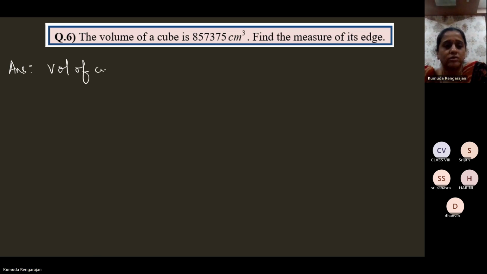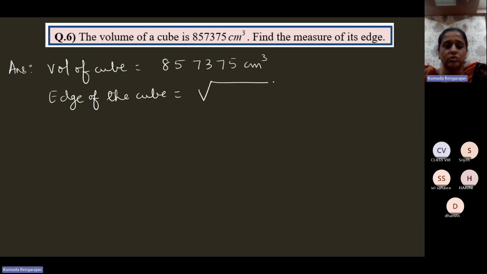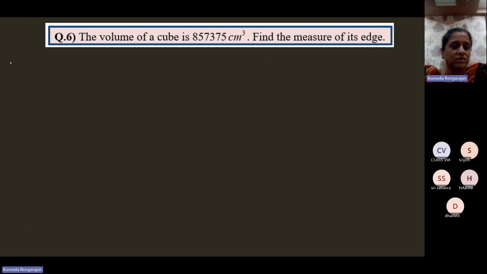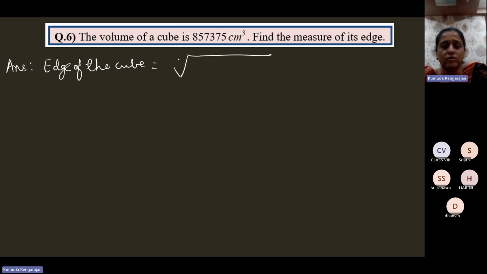Volume of cube is equal to 857375 centimeter cube. This is given. Now, edge of the cube is equal to cube root of volume. Or you can just write that straight away. Edge of the cube is equal to cube root of volume.